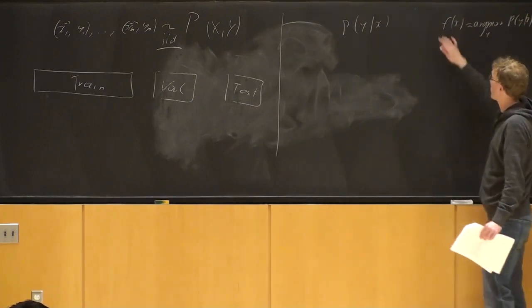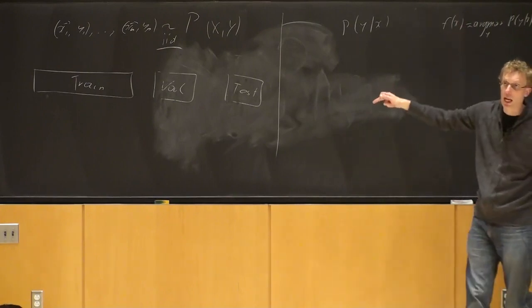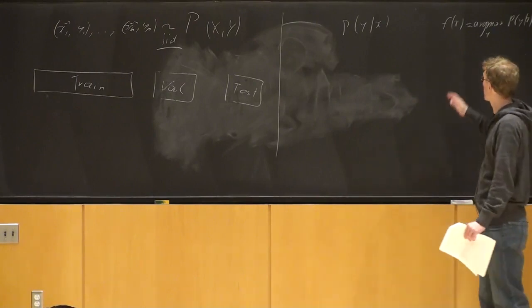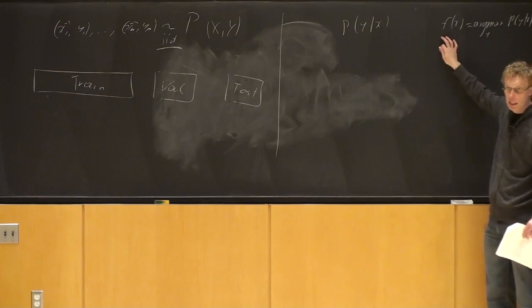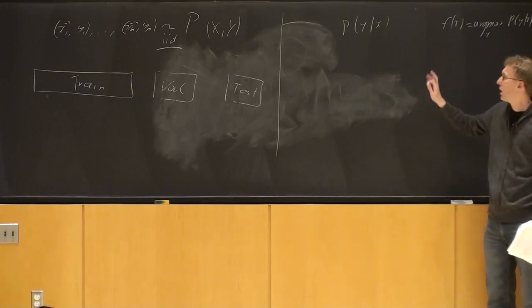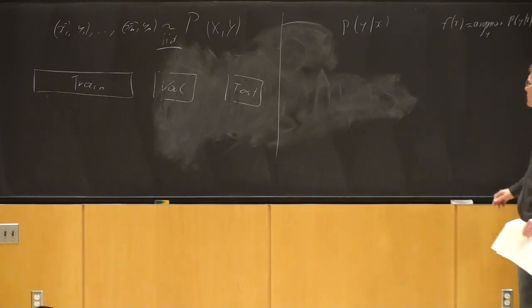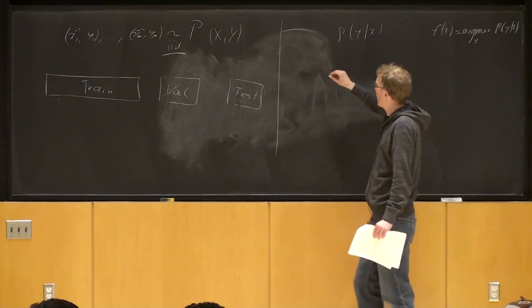So a lot of algorithms just learn a function that says, given X, tell me which label is the most likely label. If you have the distribution, of course, you can always get this function. But for example, K-nearest neighbors doesn't actually give you a distribution. It just gives you a function. You can make modifications to get a distribution, but typically it's just this. This is called discriminative learning.